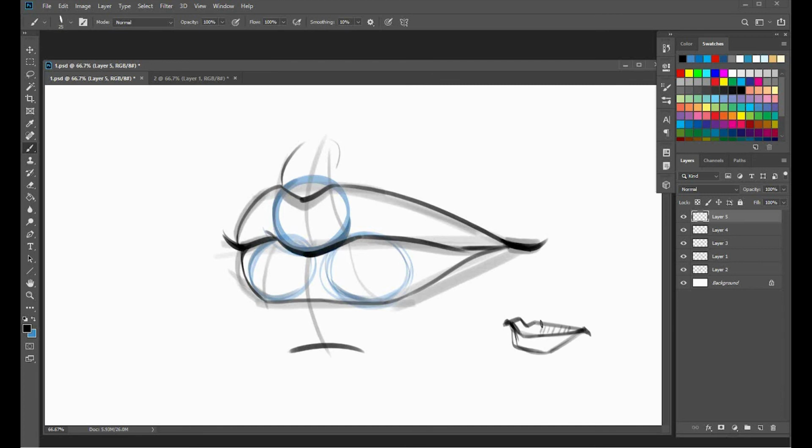Well, we can simplify the shape of the lips like this. Pay attention to the slope of the surface and their angles. You can see that the upper lip has a relatively smooth slope facing inward and the lower lip is curved and facing outward.